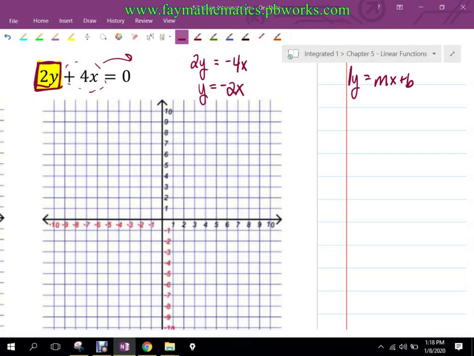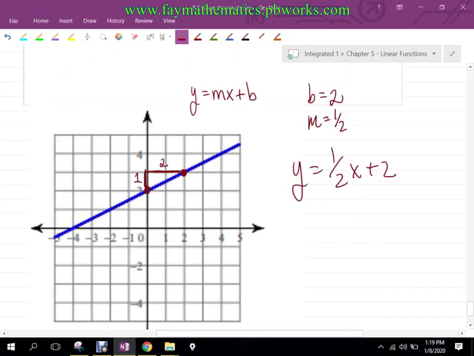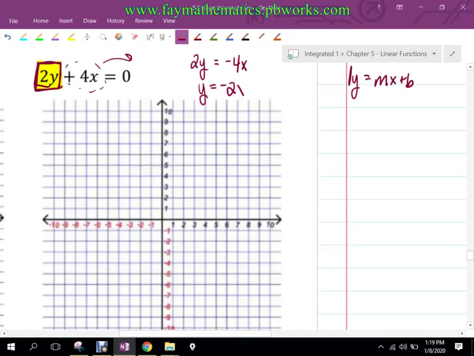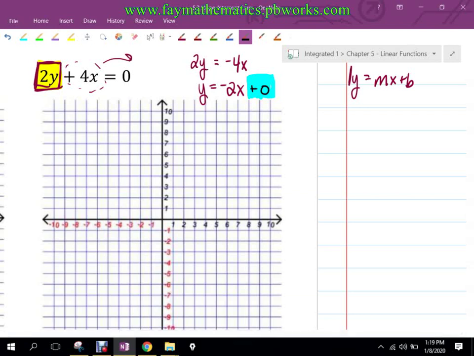Is there a plus anything over here after this? No, nothing written there, right? Does that mean I could do that? Is y equals -2x the same thing as y equals -2x plus 0?